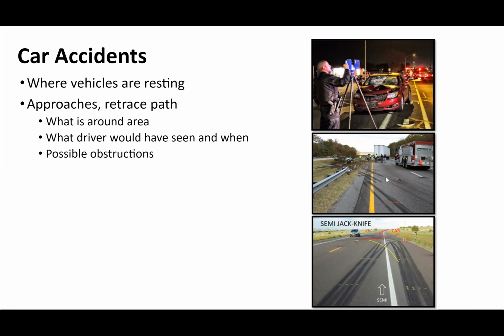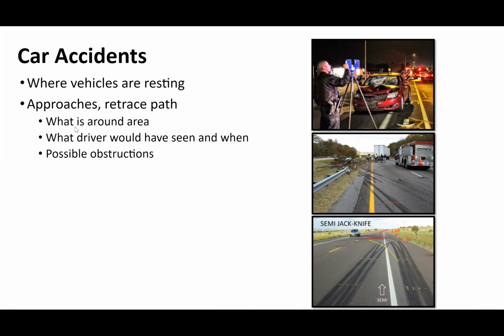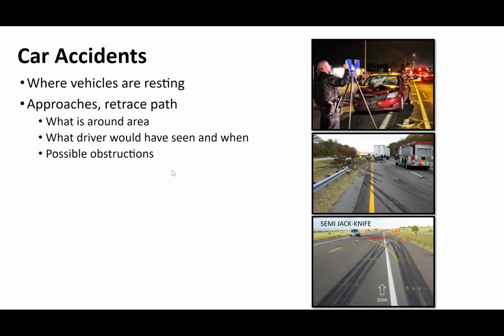Here's the path that it took and the approach that it was taking, right? So make a note of what is around the area. Also things like stop signs, crossroads, those are important. What the driver would have seen and when. So you go back to where the driver would have been driving and what he could have seen. And then possible obstructions.